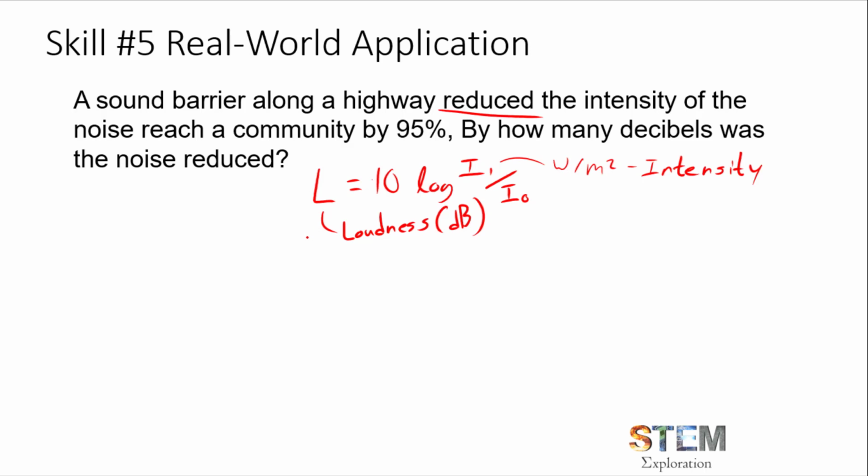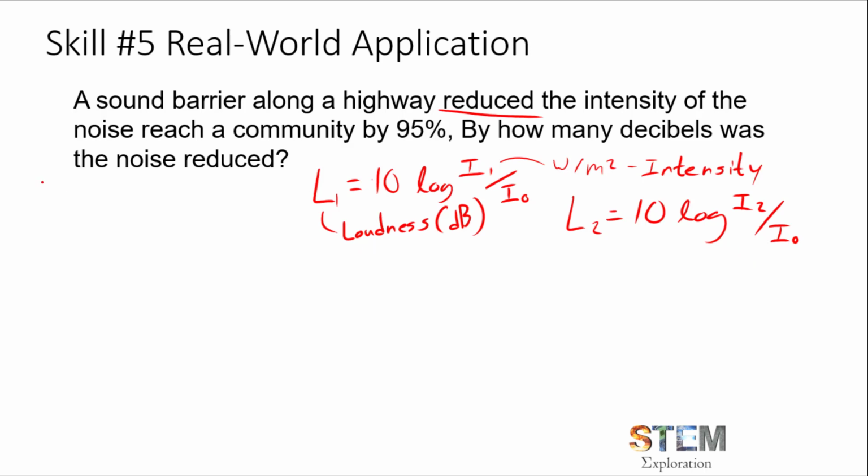that can actually be measured by a specific number of decibels. Let's say we have loudness 1 here, and loudness 2 is equal to the same logarithm, but with a new intensity, I2, over I naught.